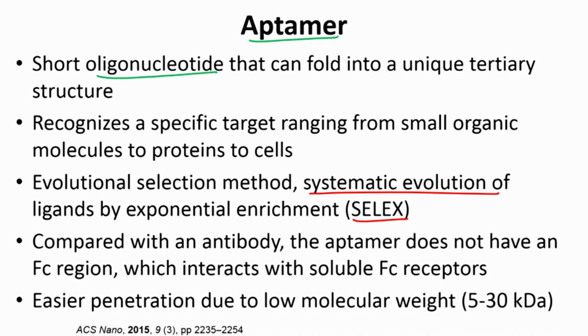And one of the advantages of the aptamer compared to an antibody, let us say we do find an aptamer, and we will go into how we find an aptamer, but let us say we do find an aptamer which is able to bind to a certain target that you are interested in. Then it offers lots of advantages over an antibody. First, an aptamer does not have an Fc region. As I described, antibodies are large molecules that have an Fc region and a variable region.